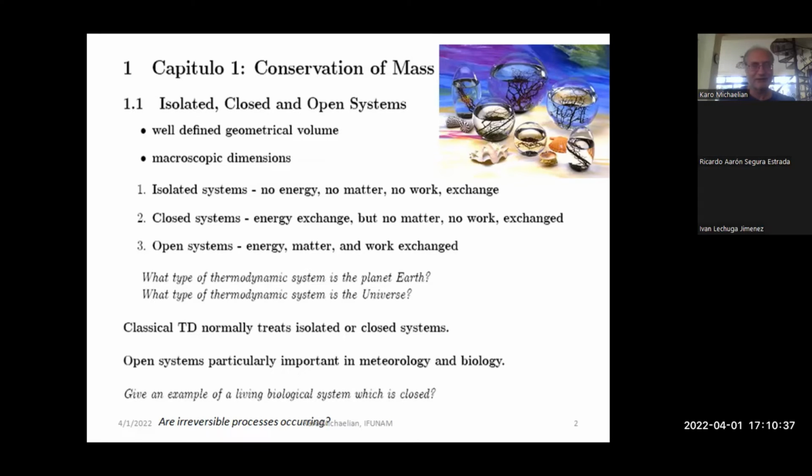And in nature, do real closed systems exist, or is everything an open system? Because I remember that in thermodynamics, everything that we work with is closed systems or isolated systems, but in nature is that possible?